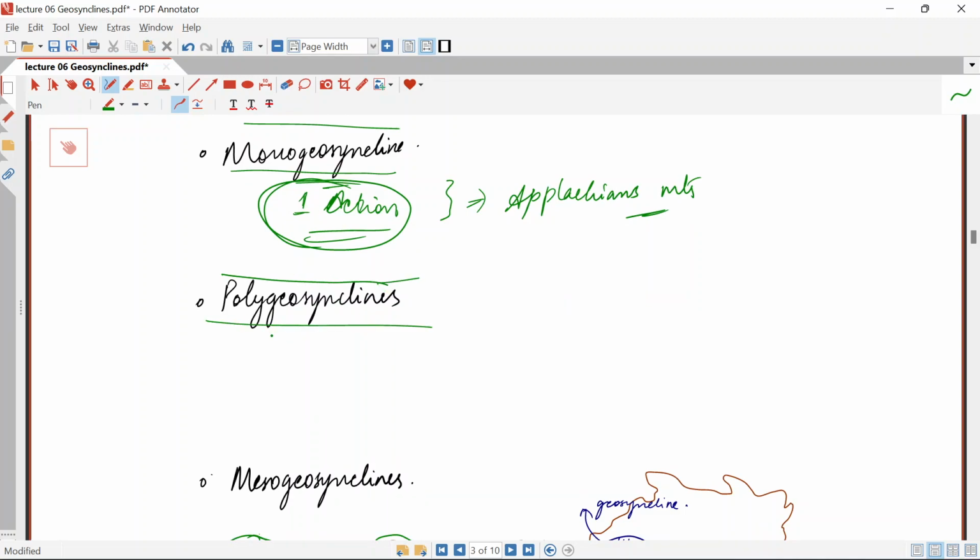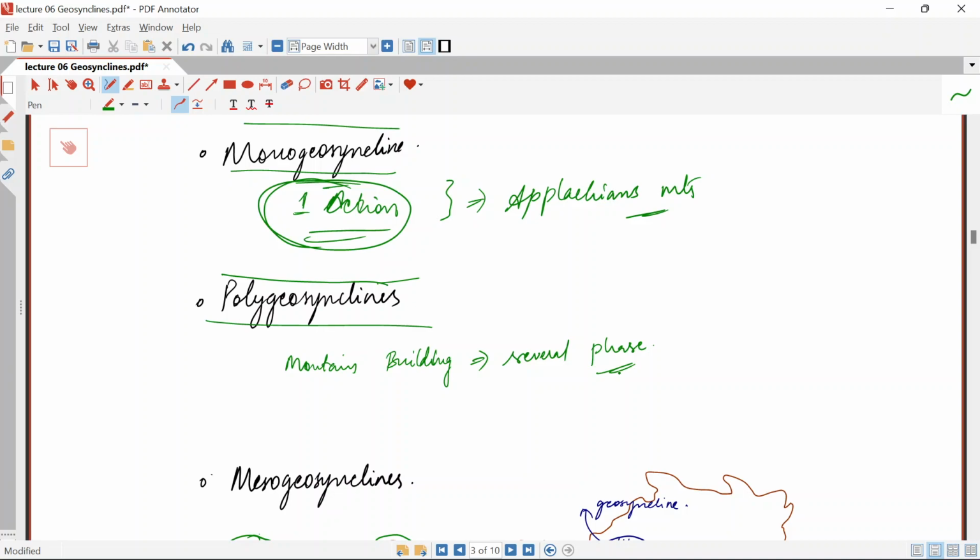Polygeosyncline is a similar thing, but here the formation of mountains, or mountain building, took place by several phases or several actions, more than two phases.